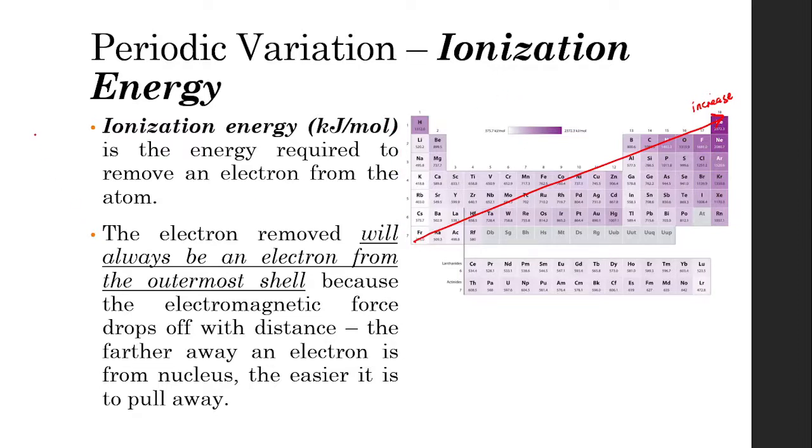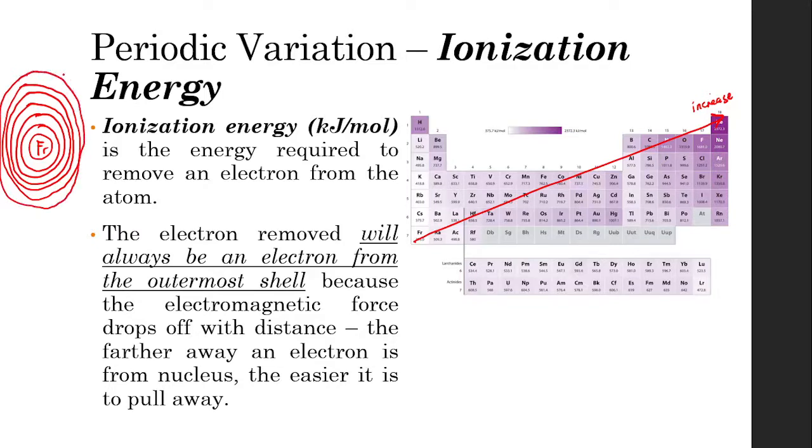And as our francium gets so much bigger, usually we have helium, lithium, sodium, potassium, Rb, and then cesium, and finally its valence electron.